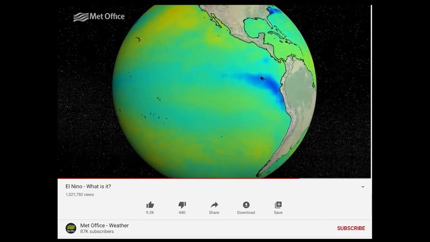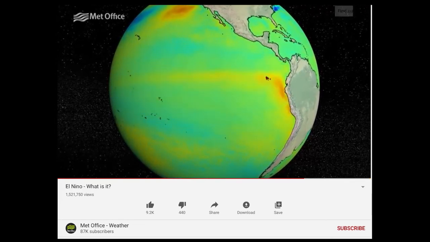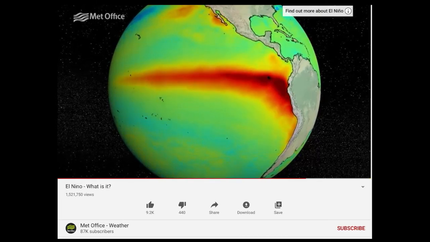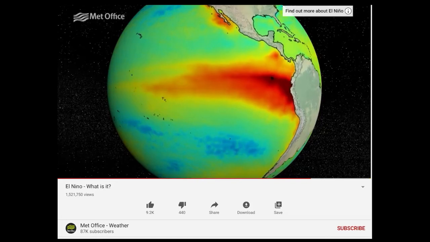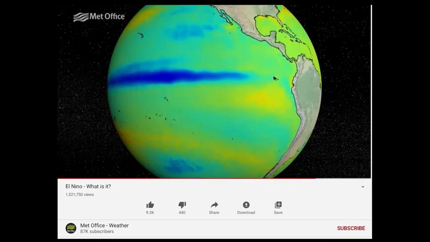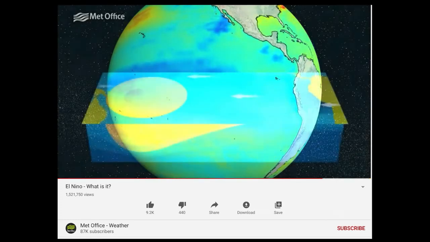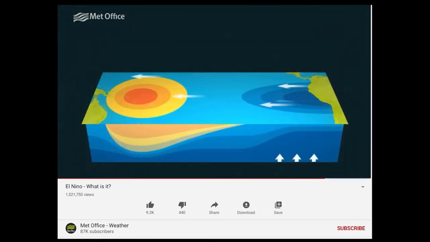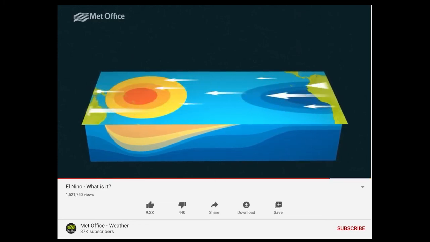Each El Nino event is different, so the global impacts can change. You can find out more about the differing impacts of El Nino on our website. El Nino peaks around Christmas time and lasts for several months. It can die back to neutral conditions, but sometimes reverses into La Niña. This is the flip side of the oscillation, which sees a strengthening of the normal trade winds.